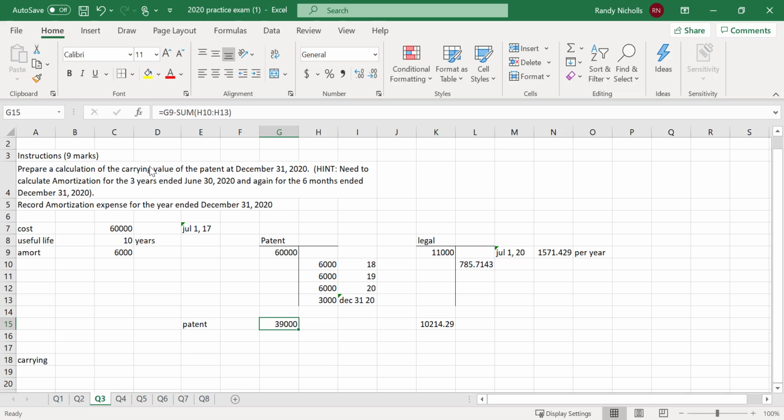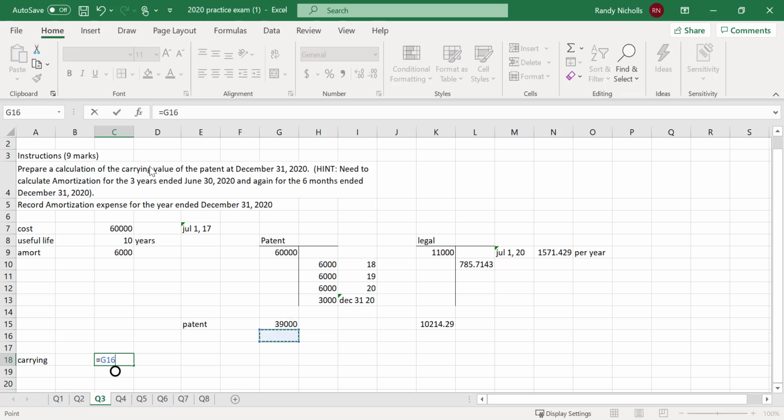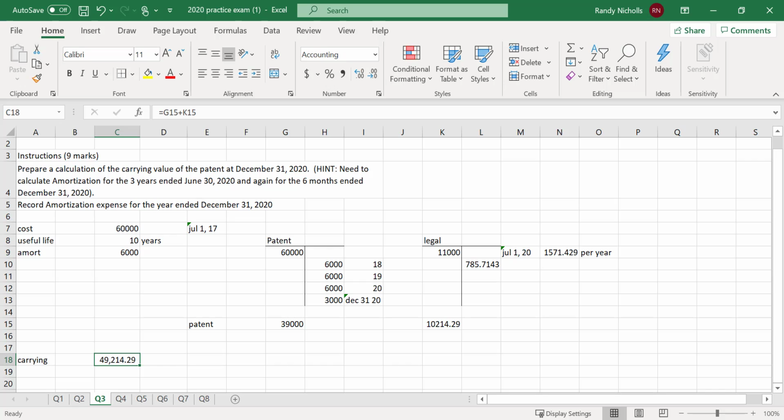It's equal to that plus. Of course, these would all be in the same account. I find it easier to track them separately.